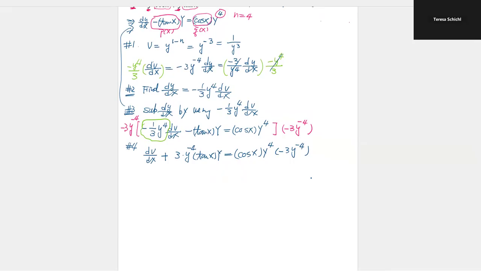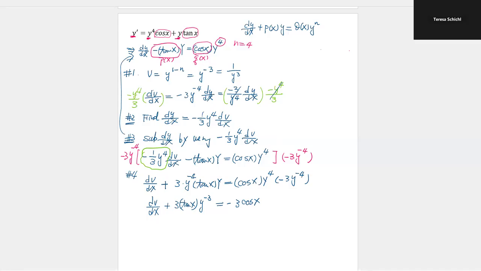So this is dv/dx, and here this is 3 tan x, and the y^4 and the y give y^-3. Then the y^4 cancel, so I will have -3 cosine x here. That is what we try to substitute.